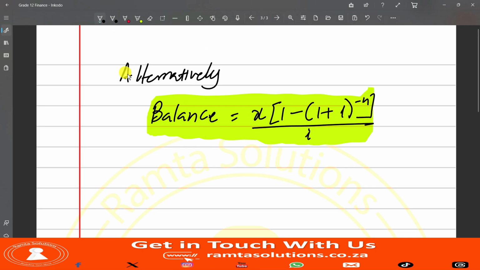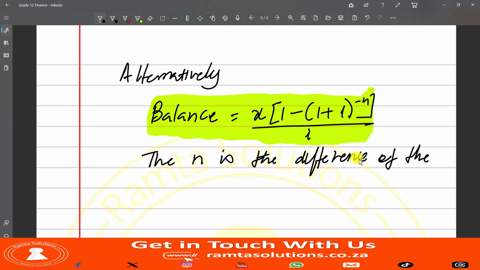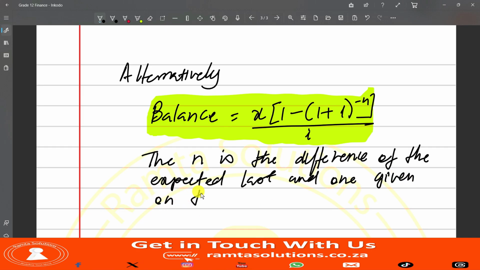Now, with this one here, the n is the difference of the expected last installment and the one given on the paper.